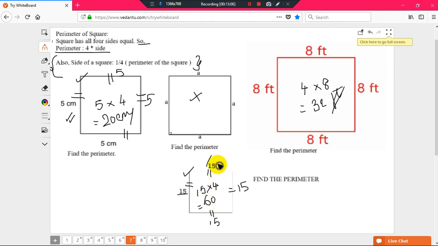If centimeter is given, we keep centimeter as the unit, like feet, inches, kilometer, meter. We put the same unit that they have given in the side.